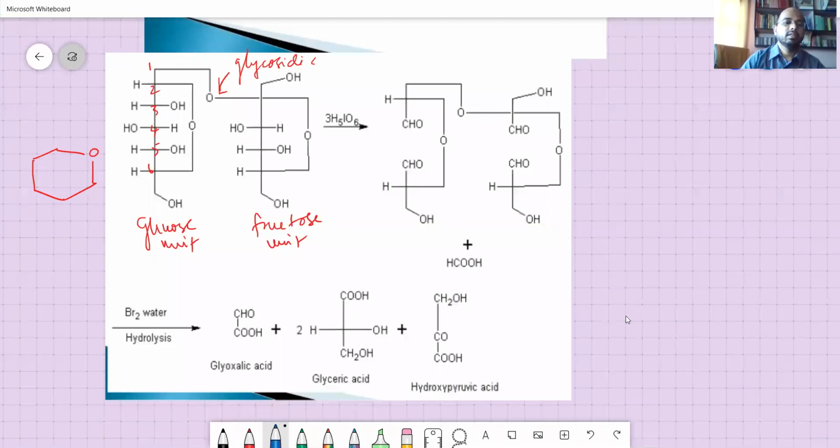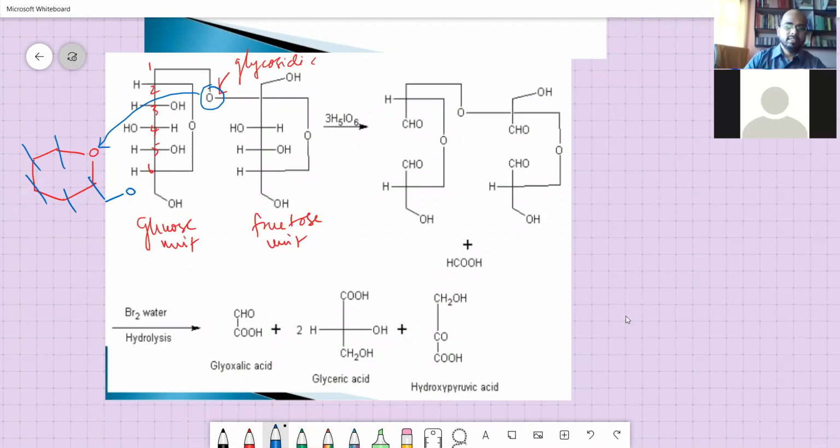Then you'll have CHO, CHO, CHO, everything. Okay, so here it is linked by means of a glycosidic linkage. Right, just a minute. The glycosidic linkage comes here. And then it is linked to a pyranose form. No, sorry, furanose form. This is the glucose, this is the fructose.